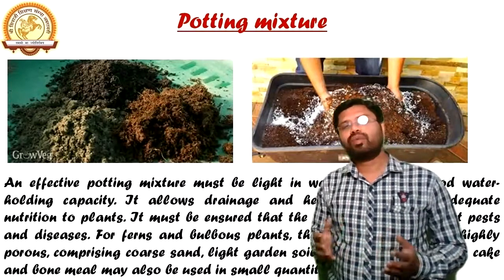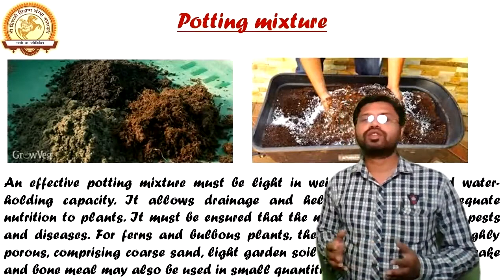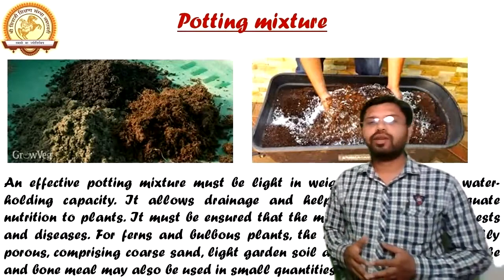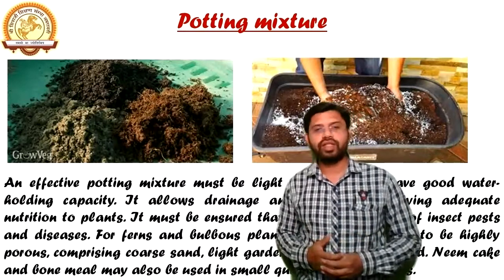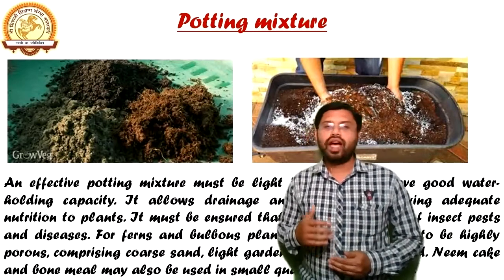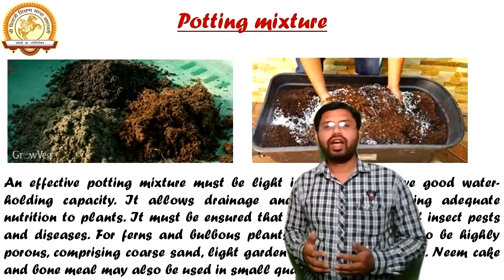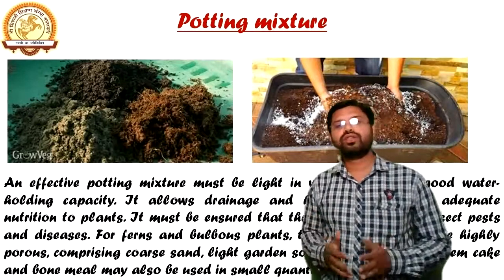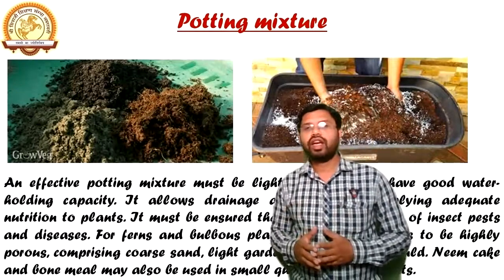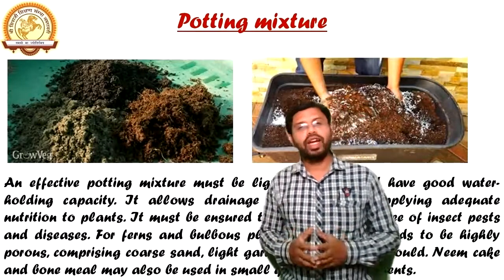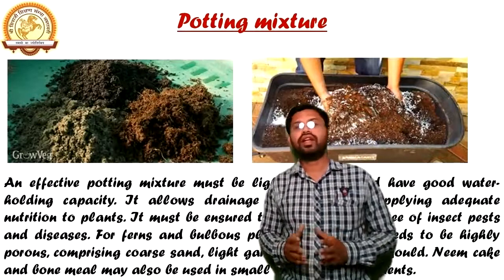So an effective potting mixture must be lightweight, porous, and have good water holding capacity. It has to allow drainage and provide adequate nutrients to the plant. It must be ensured that it is free from any type of contamination and diseases.